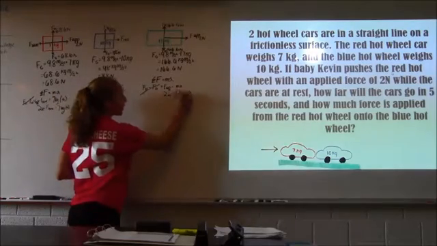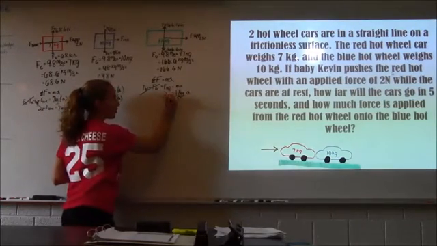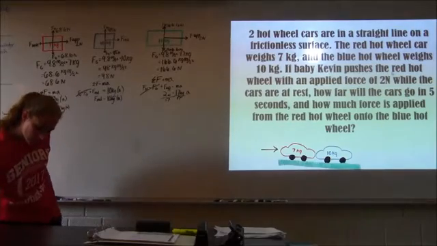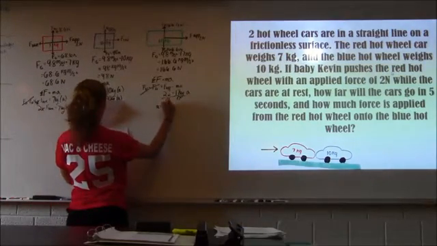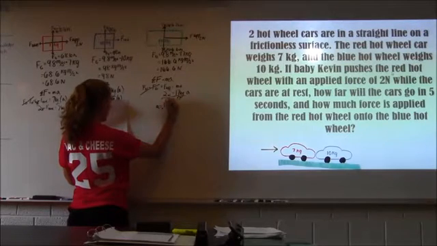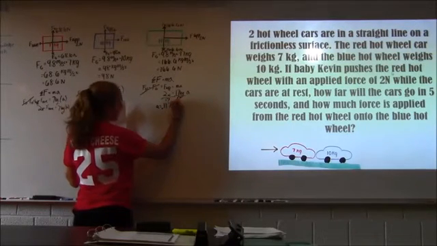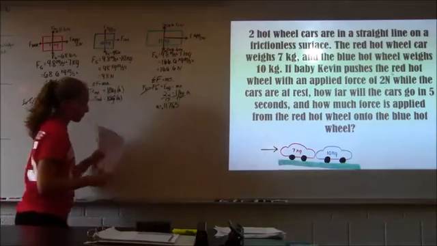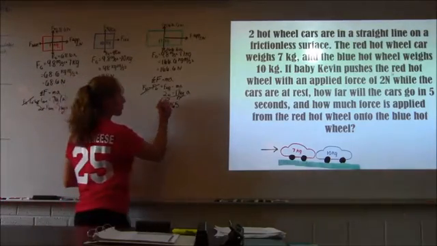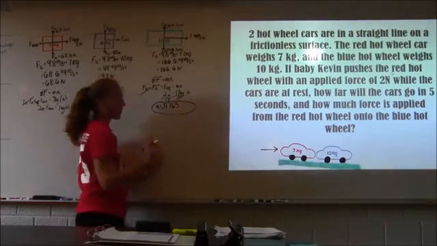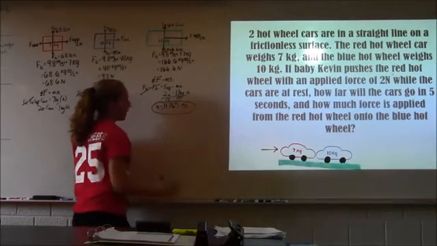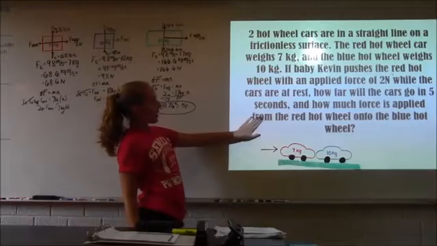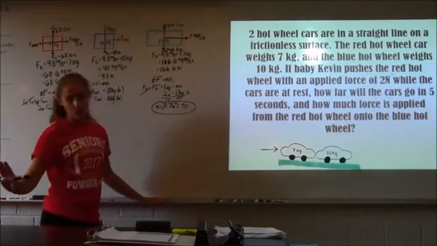So if you divide 2 by 17, you get the acceleration to be 0.11765. So that answers the first part of the question, and you should always remember your units, which is meters per second squared.